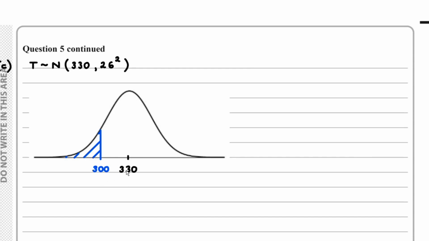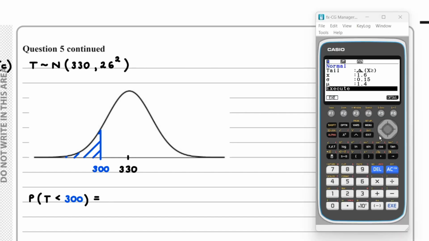So let's show this on a diagram. We are after the probability that t is less than 300. So on our calculator, let's click F1 because we have a less than. X is 300.